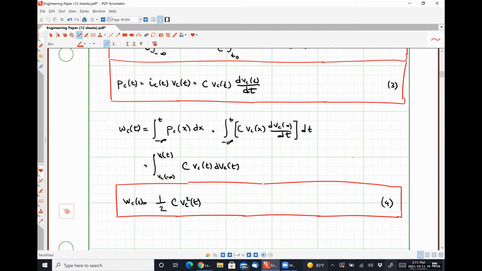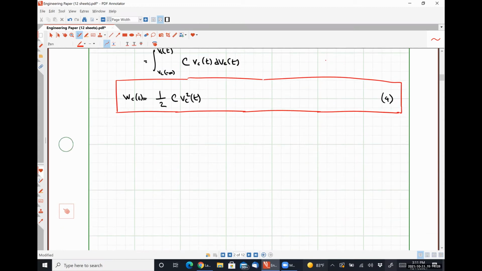All right. So let's talk about combining capacitors. Let's say that we have a network that contains multiple capacitors connected in series.